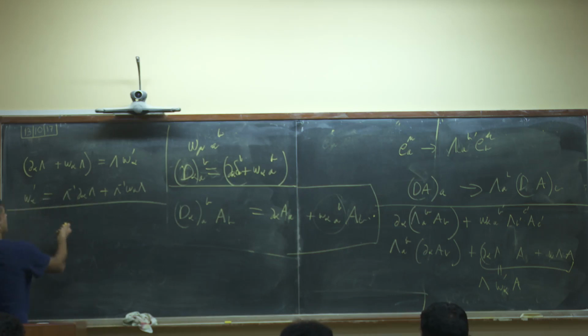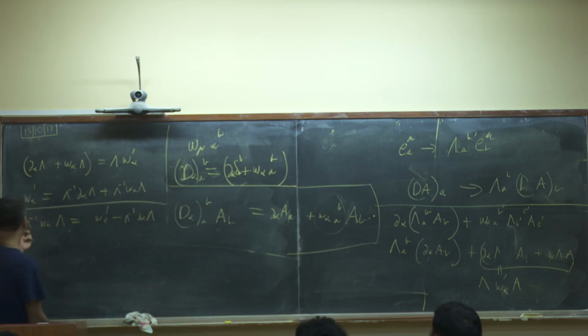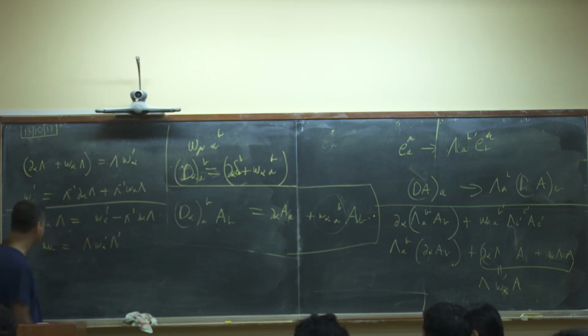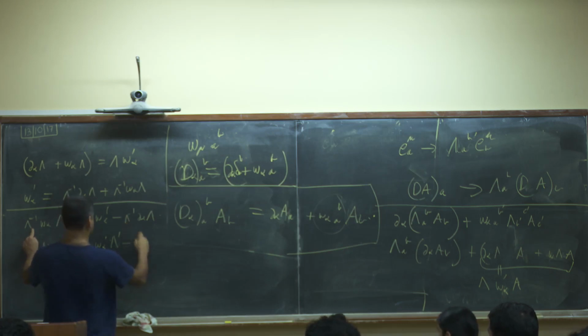Let's do that. What we have is that lambda inverse omega alpha lambda is equal to omega alpha prime minus lambda inverse del alpha lambda. And now I multiply by lambda on one side and lambda inverse on the other. So I get omega alpha is equal to lambda omega alpha prime lambda inverse, and the lambda inverse cancels, and I get minus del alpha lambda times lambda inverse.